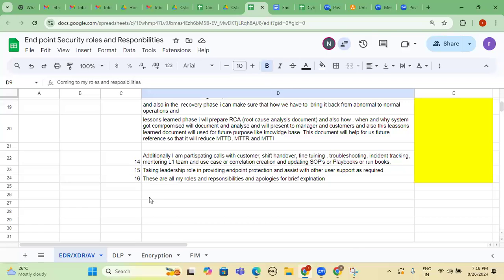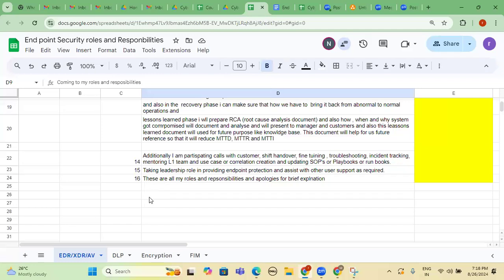Maybe if you are following PCI DSS compliance, we'll keep it for 6 months. If you are following SOX compliance, we'll keep it for 3 months. If you are following ISO 27001, then we can keep it for 1 year. It depends on what type of business we are doing and what type of compliance we are following.